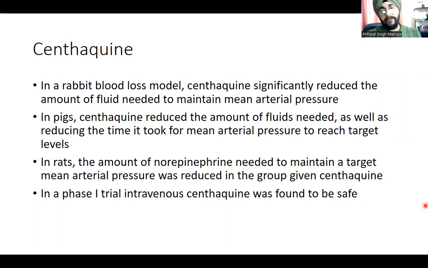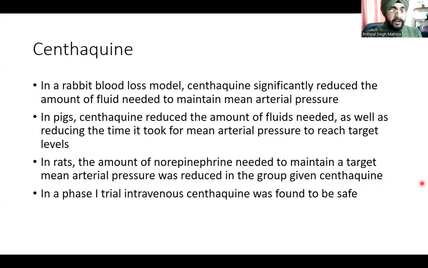In another study in pigs, canthaquine reduced the amount of fluid needed as well as the time it took for mean arterial pressure to reach target levels. In the placebo group it was somewhere around 40 minutes, and in this group, around 10 minutes. Then in rats, this study found the amount of norepinephrine needed to maintain a target mean arterial pressure was reduced in the group given canthaquine.